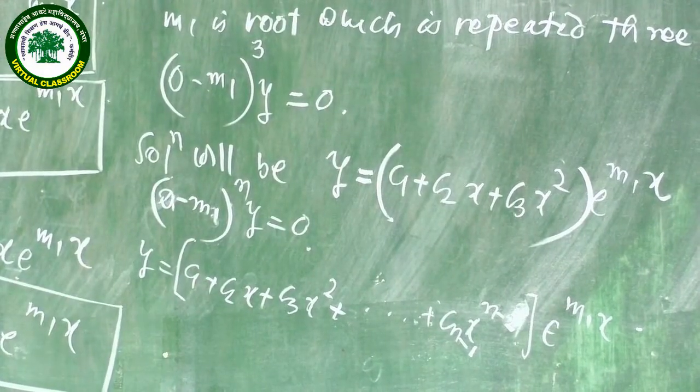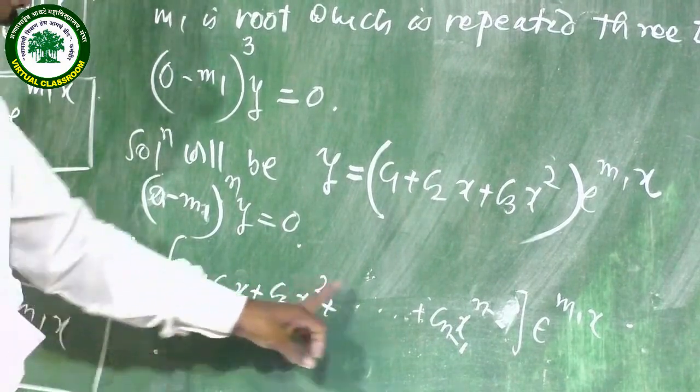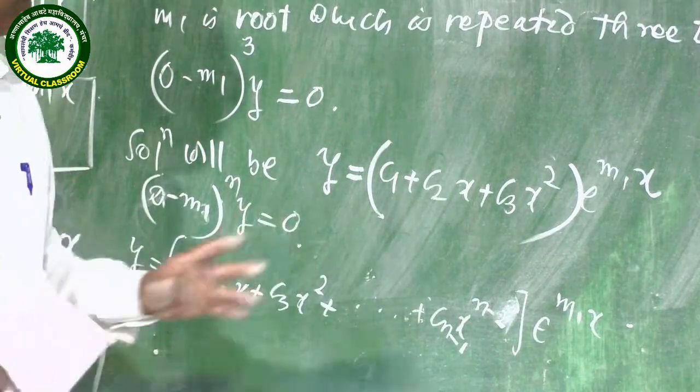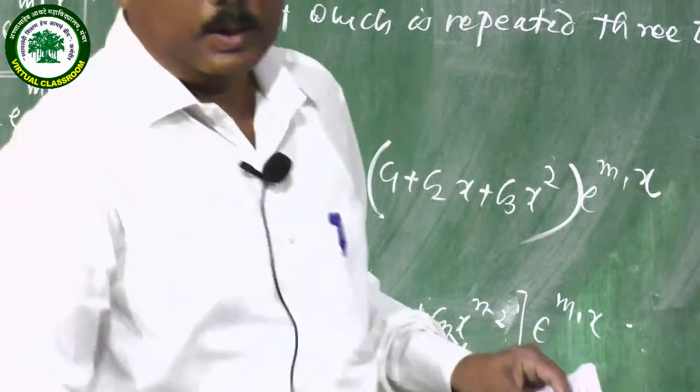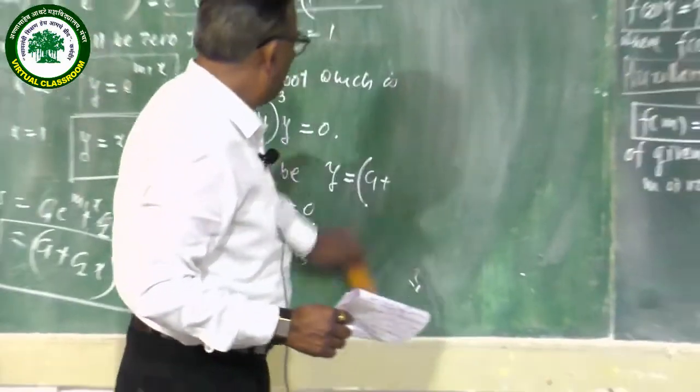How many times a root is repeated depends upon the number of constants in the solution of the given differential equation. In this we are taking some examples.